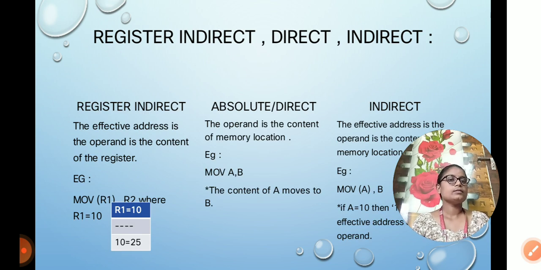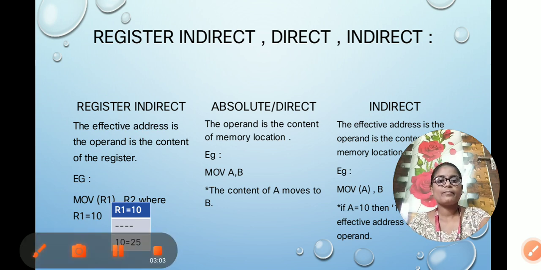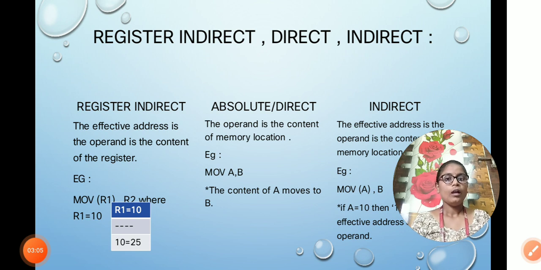Register indirect, absolute or direct, and indirect addressing modes. In register indirect, the effective address of the operand is the content of the register.